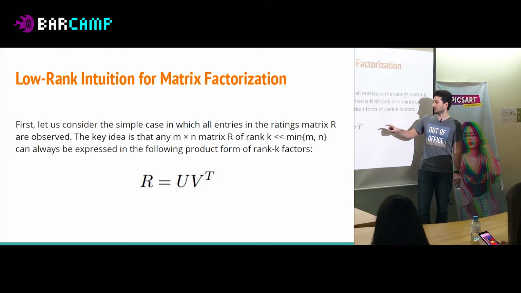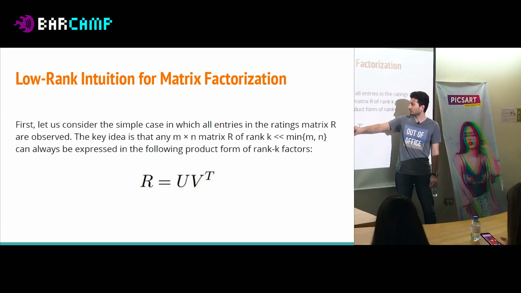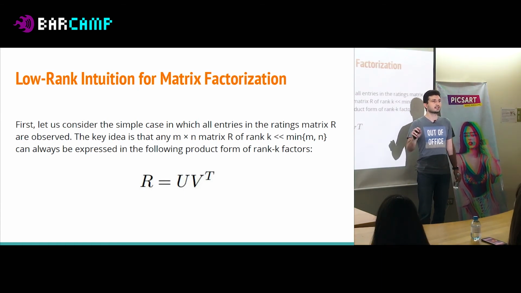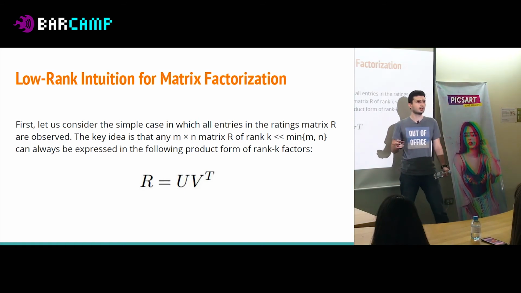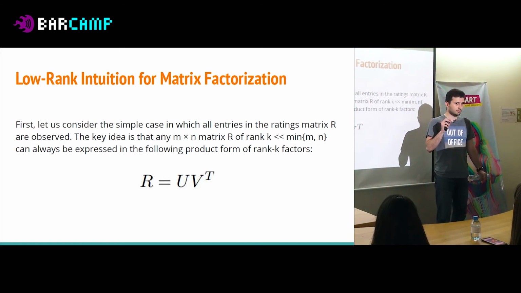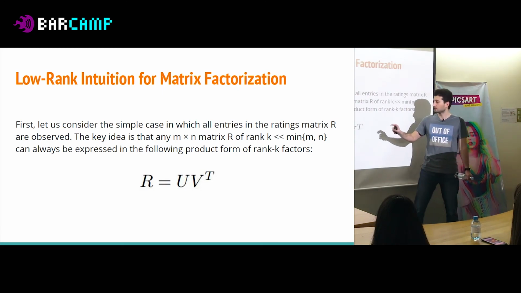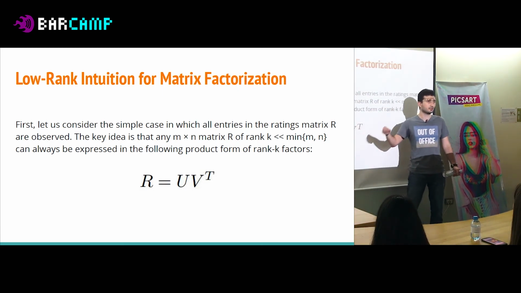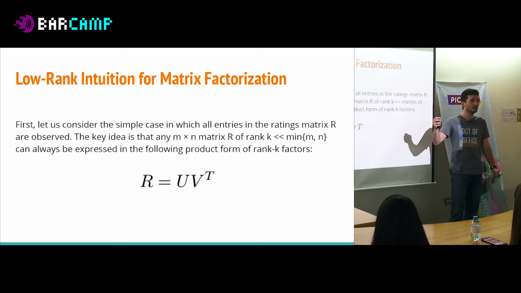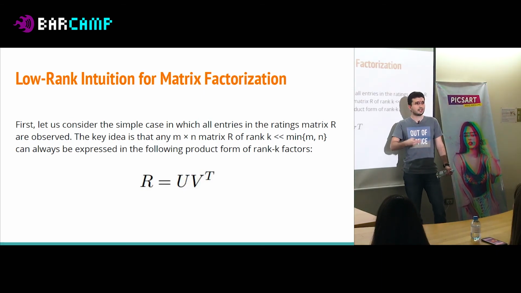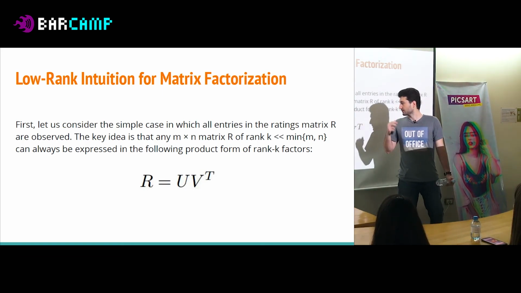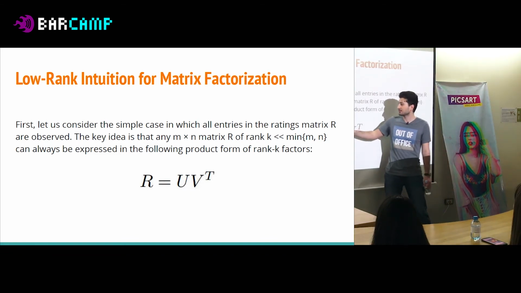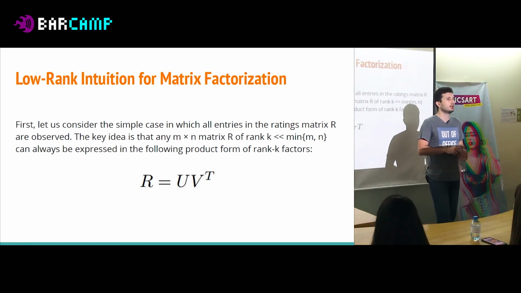So if we try to find matrix U and matrix V with some small rank K, like 8, 16, 32, 64, there is a probability it's going to be enough to reconstruct the rating matrix R with good enough quality, by using the fact that there are a lot of underlying correlations. And the second question is, okay, but here the matrix was fully specified.